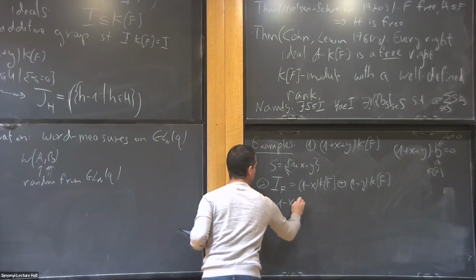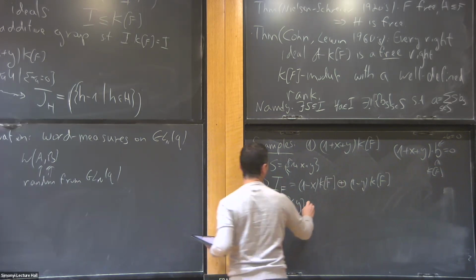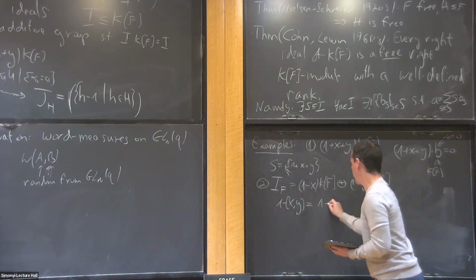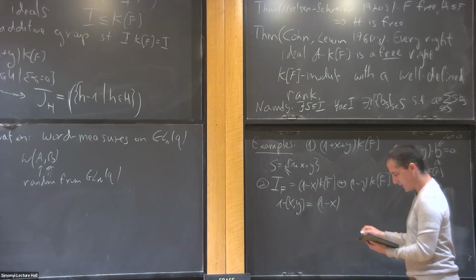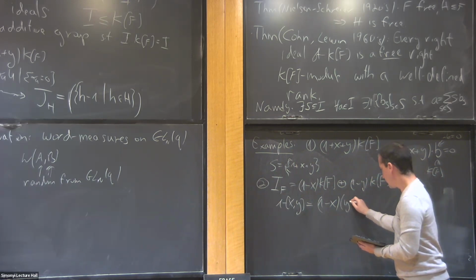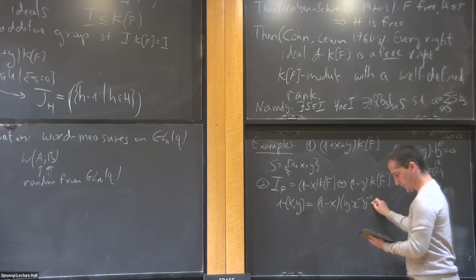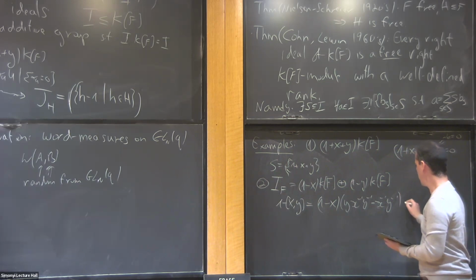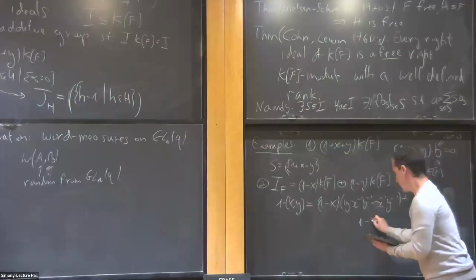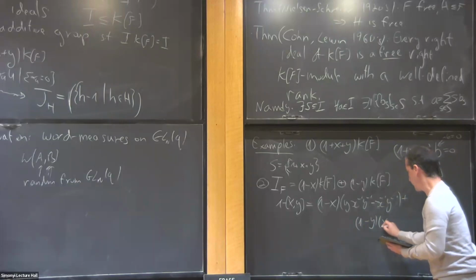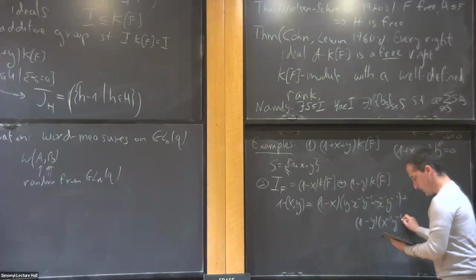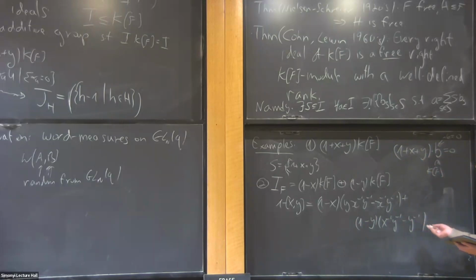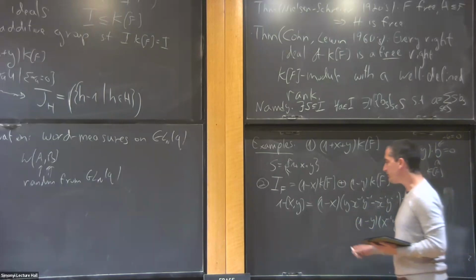If I take 1 minus the commutator of a word, so this is 1 minus X times Y X inverse Y inverse minus X inverse Y inverse plus 1 minus Y times X inverse Y inverse minus Y inverse. Okay, you can check it. Actually, in this case, these are the Fox derivatives of the word. Anyway, you can just check that this is true.